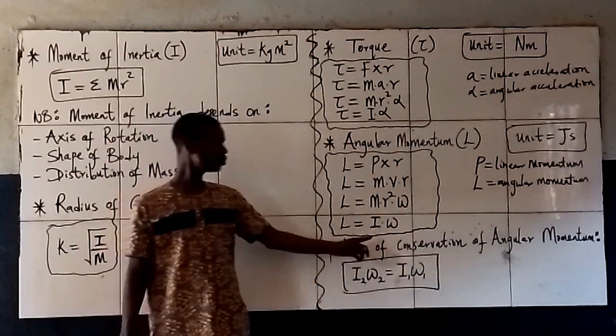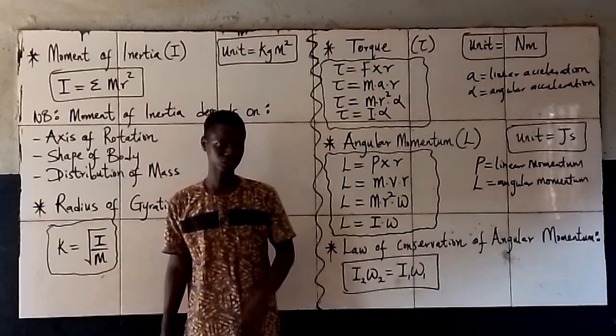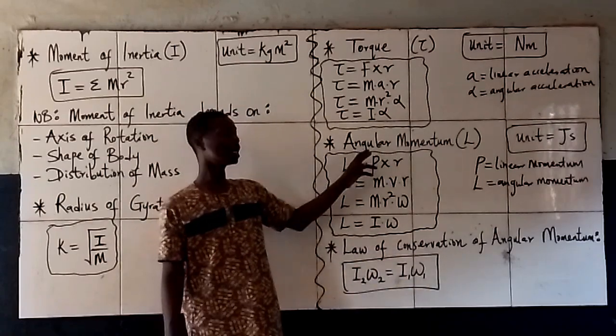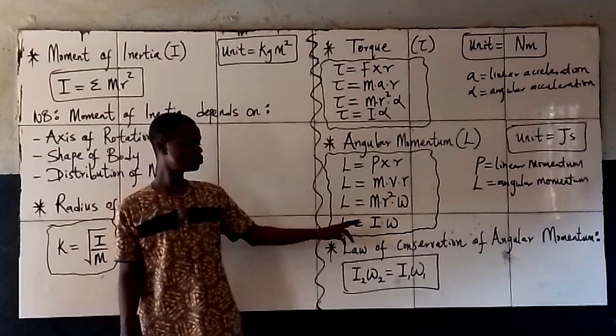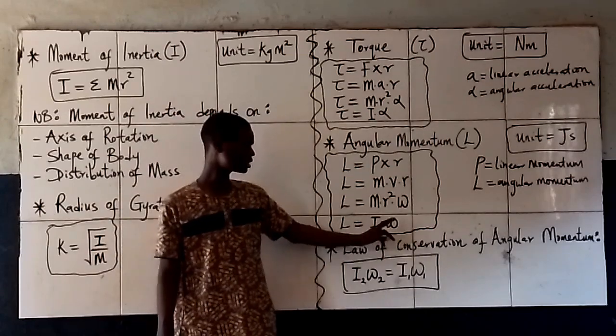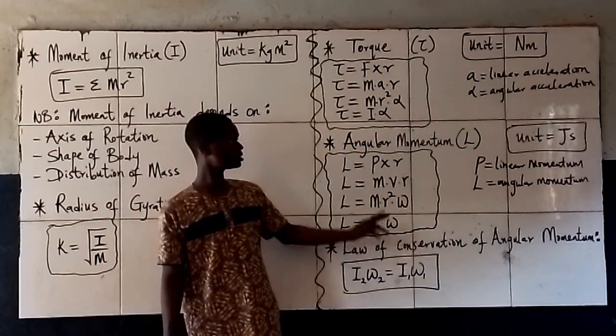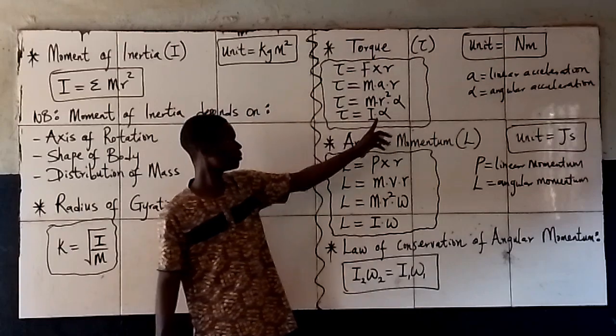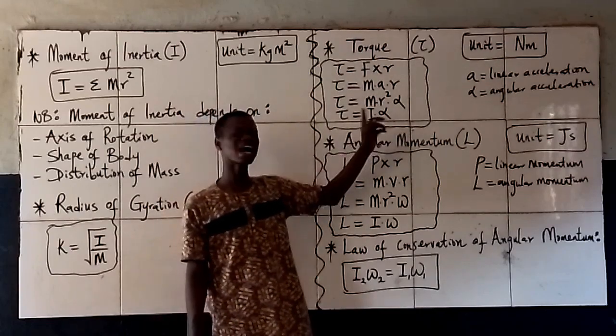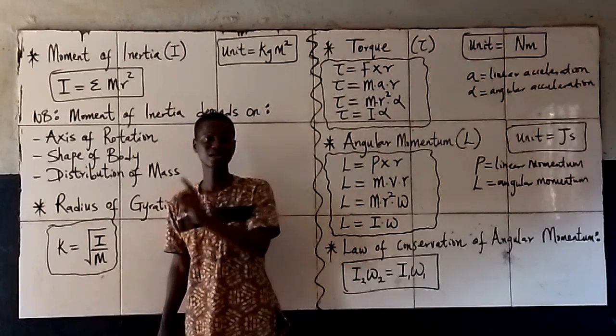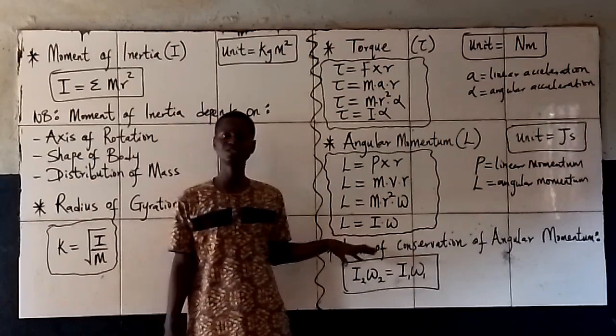Now if you know the moment of inertia and you are asked to find angular momentum, the formula you simply use is moment of inertia times angular velocity. But if you are asked to find torque, it will be moment of inertia times angular acceleration. I hope this is clear, guys.